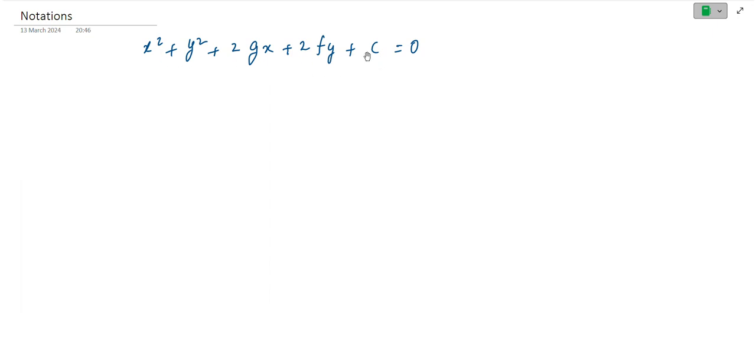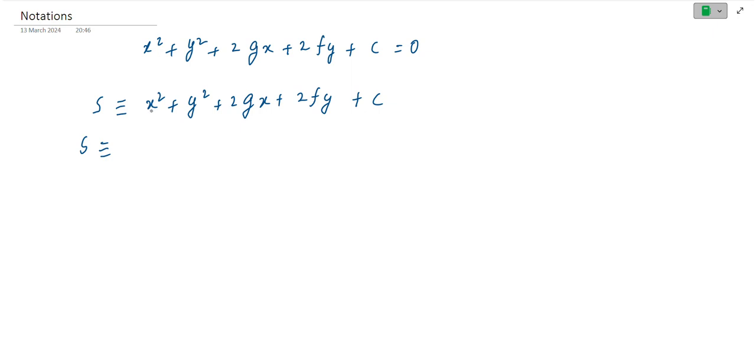So this entire expression on the left hand side of this equation is denoted with a single letter S. That means S is the notation for the expression x square plus y square plus 2gx plus 2fy plus c. Now the same expression I'm writing in this way.